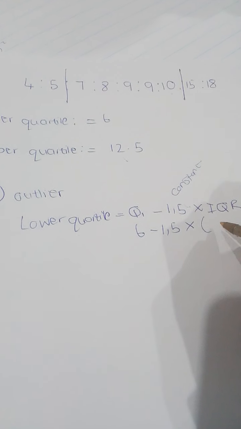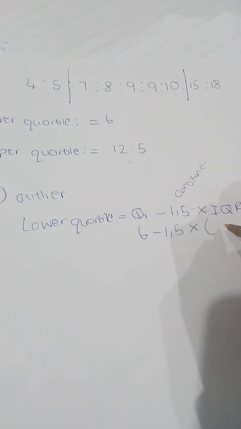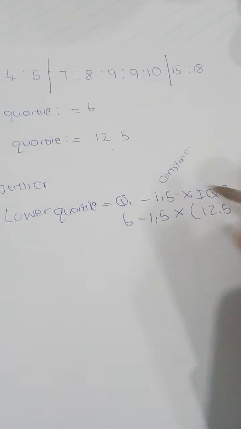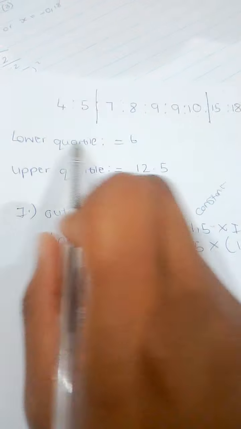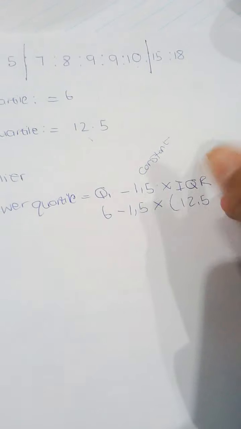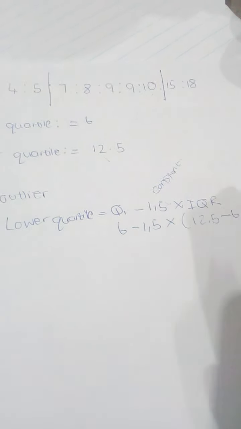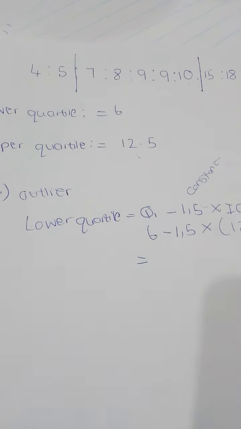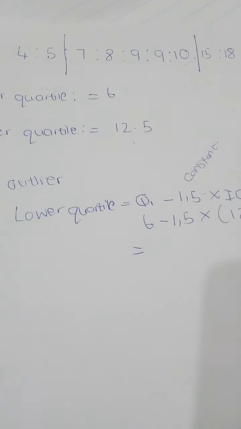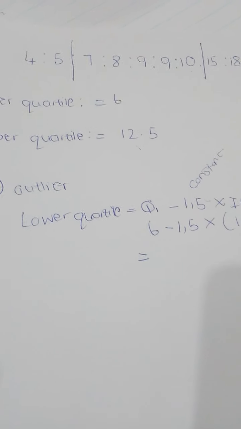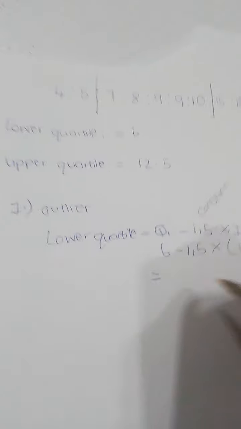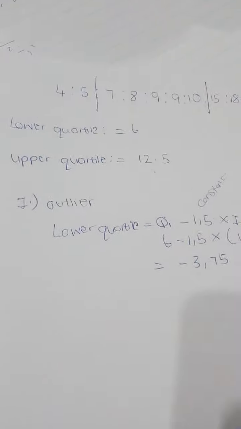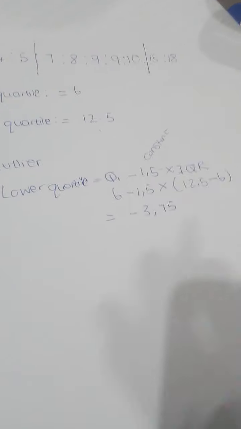So here it's going to be 12,5, this here for the upper quartile, minus the lower quartile, 12,5 minus 6, and then you close your bracket. If you put this in your calculator, it's going to give you minus 3,75, right? So now you have calculated your lower limit, that's done.